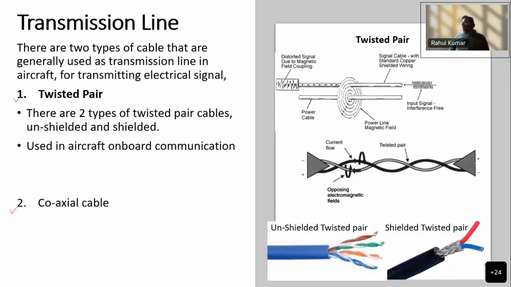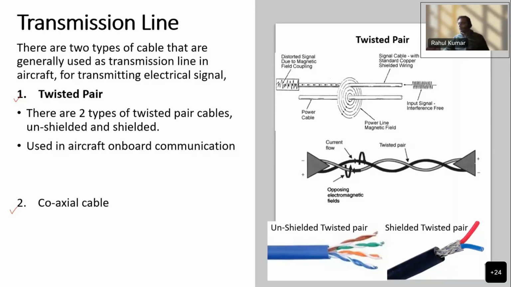Nowadays, optical fibers are becoming more popular, but for electrical signals, you would need to convert them into optical signal, and then you can use optical fibers also for transmission. We will study about them in a short while in today's class, but for now let us first discuss the twisted pair cable.